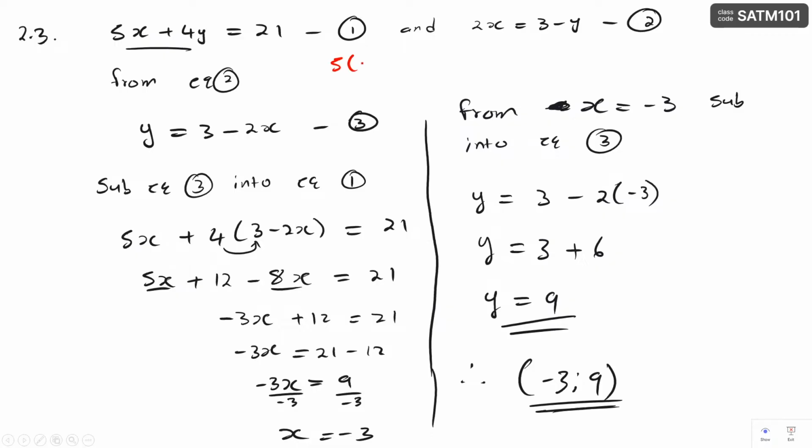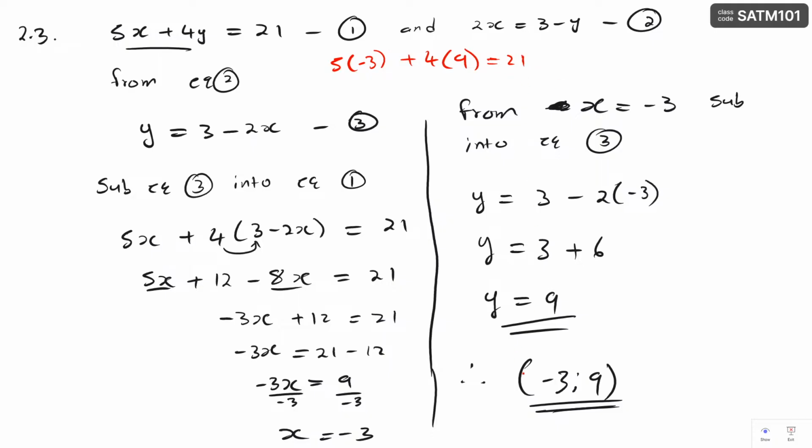So it's 5, then our x is negative 3, plus 4, then the other one is 9. When you use a calculator, this number has to give you 21. If it's not 21, it's wrong. So you say 5 times negative 3 plus 4 times 5, and yes, this number gives me 21.